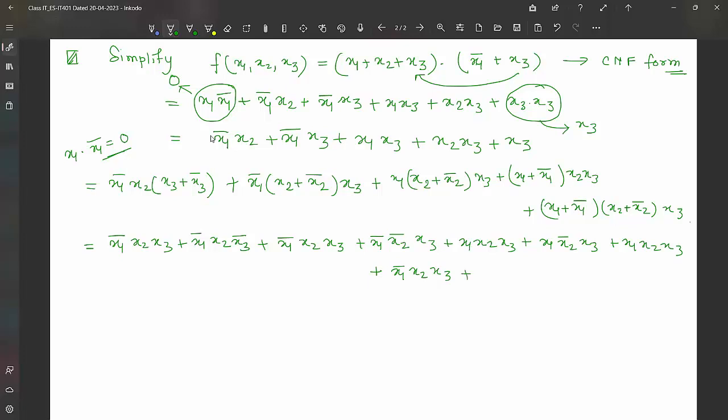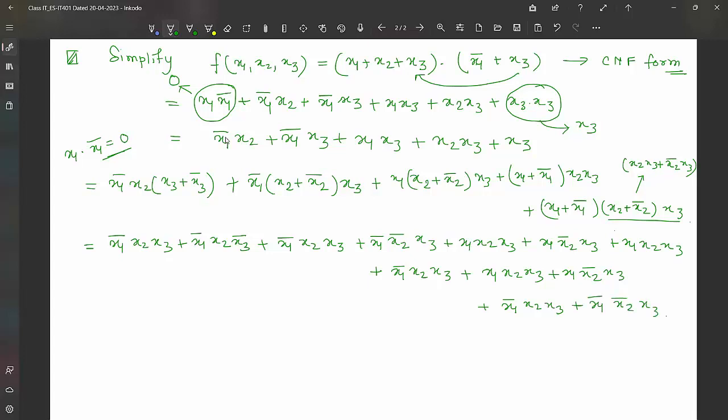And what are the terms? First of all, multiplying it, you will get this type of expression, x2 x3 plus x2 bar x3. And after that we will multiply it by x1, so that means you will get four expressions here. One is x1 x2 x3, after that plus x1 x2 bar x3, plus x1 bar x2 x3, and plus x1 bar x2 bar x3.